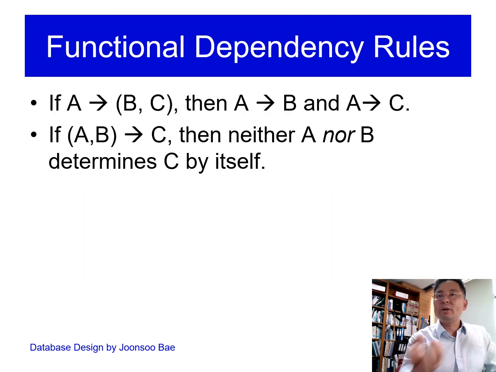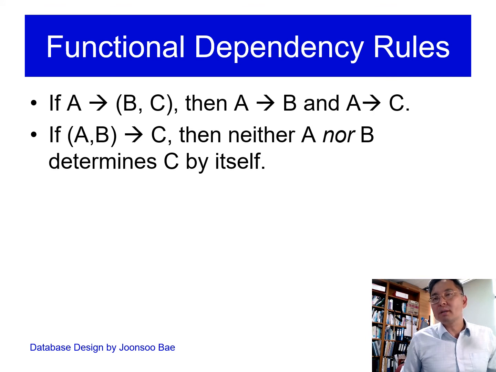So if we summarize, if A will determine B and C, that means that A will determine B and A will determine C. So the right side parenthesis means two dependencies, but the left side parenthesis means a composite determinant.